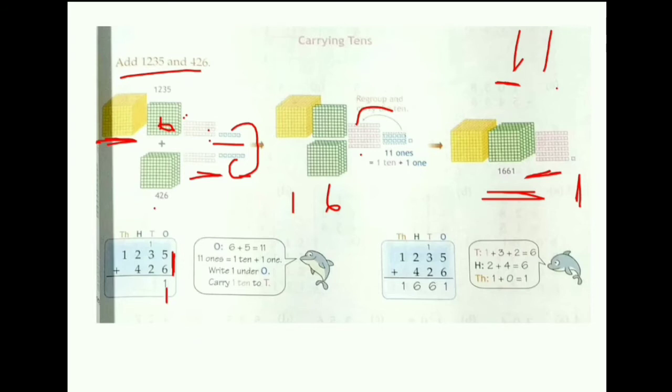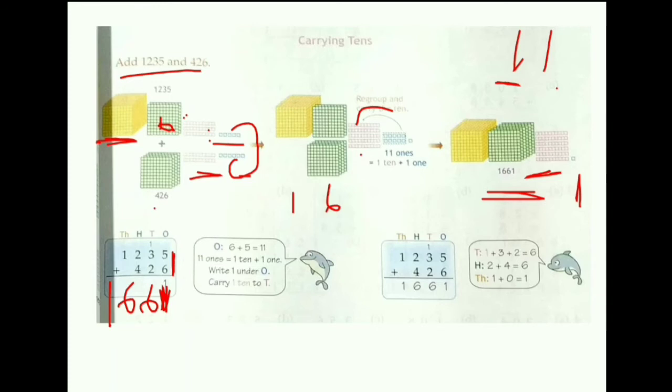So we will put 1 down, and as our answer is coming in a 2-digit number, we will put the 1 here. Now 3 plus 1 is equal to 4 and 4 plus 2 is equal to 6. 2 plus 4 is equal to 6 and 1 plus 0 is equal to 1.